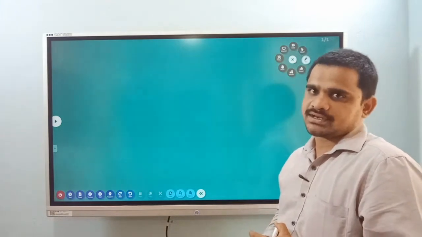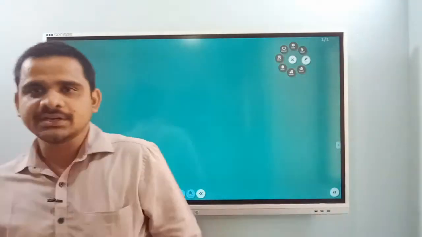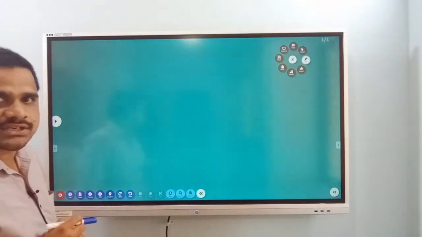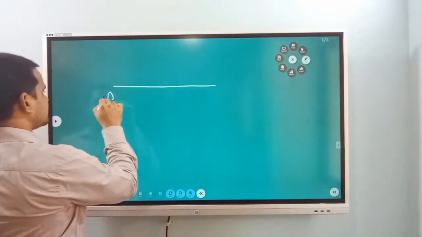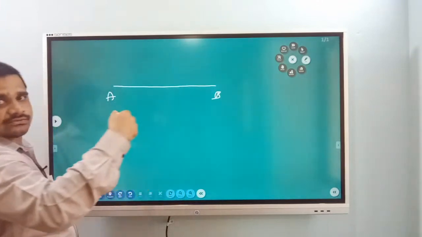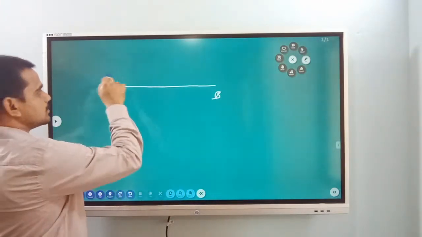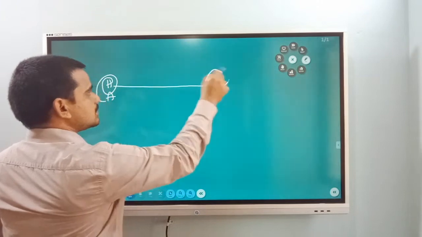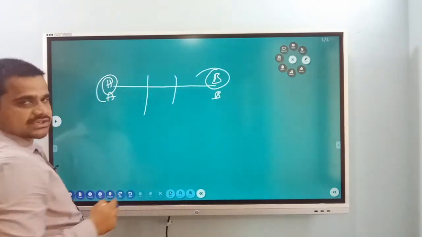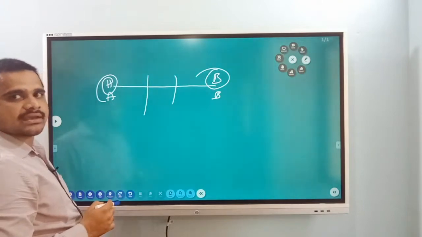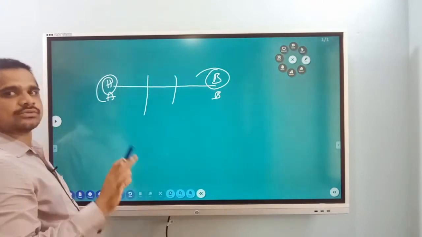One more time, I will tell you about average speed. As we have seen, A and B, from our home to Bangalore. In between, at 10 o'clock you took some rest, and at 1 o'clock you waited for lunch. We have to consider the total time.